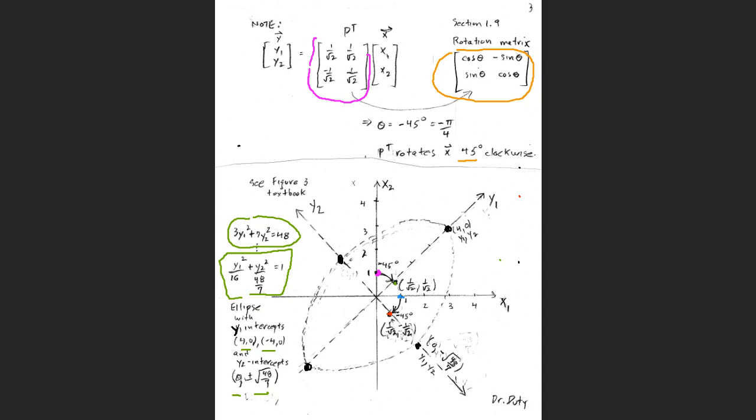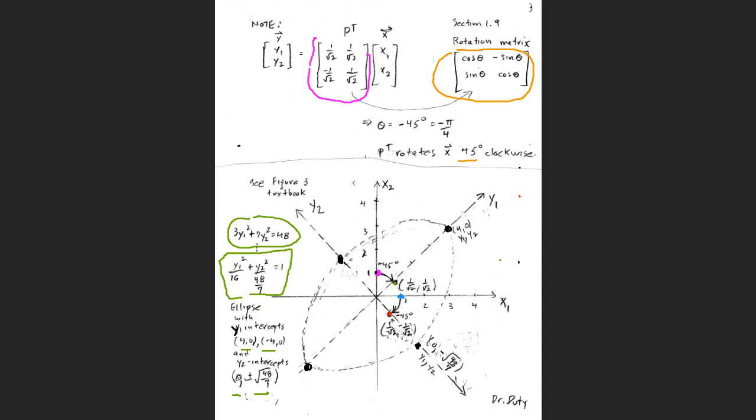How do you get the y1, y2 axes? Take the x1, x2 axes and rotate them 45 degrees counterclockwise. To do that, you take the e1 vector, which is 1, 0, and rotate it 45 degrees.